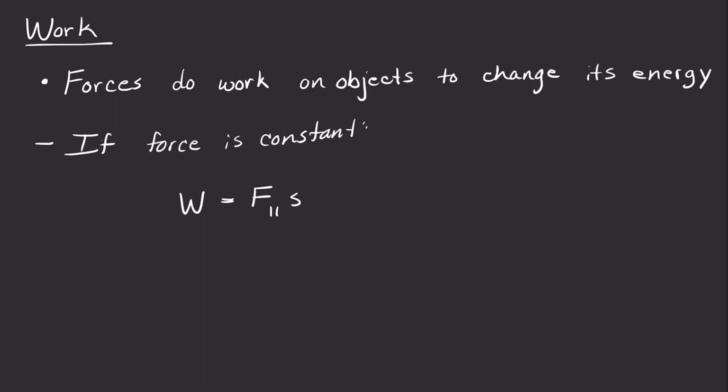Okay, so in this case, we put a little subscript of parallel lines to indicate that the force must be parallel to the displacement to do work. And here we're indicating the displacement with the variable s.